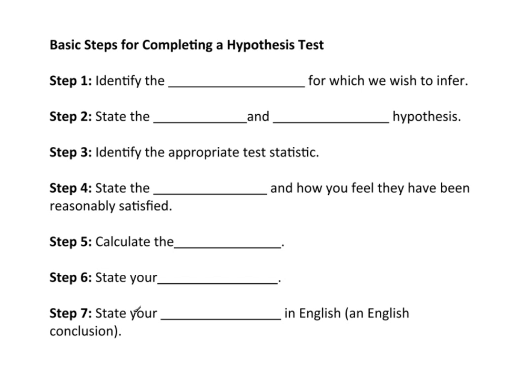Now, the first thing you should always do is identify the parameter. We just did when I said this is obviously either the mean or the median. We want to be able to state the null and the alternative hypothesis, and then identify the appropriate test statistic.